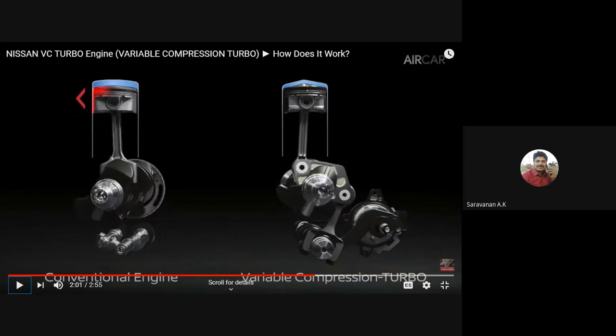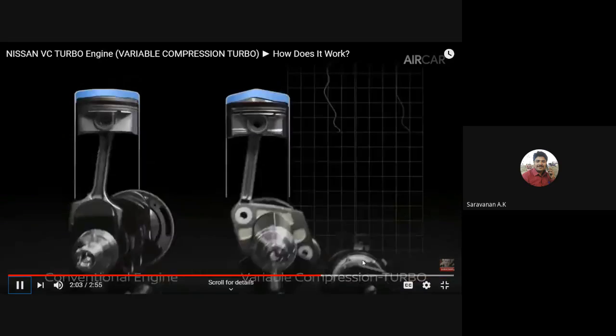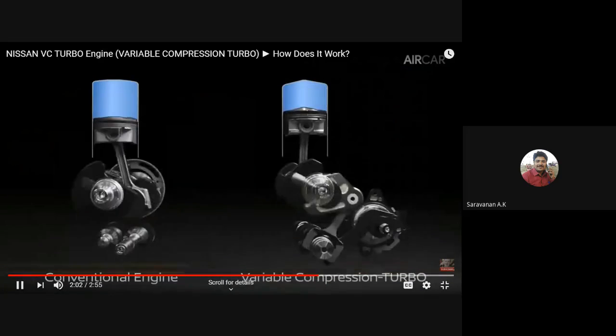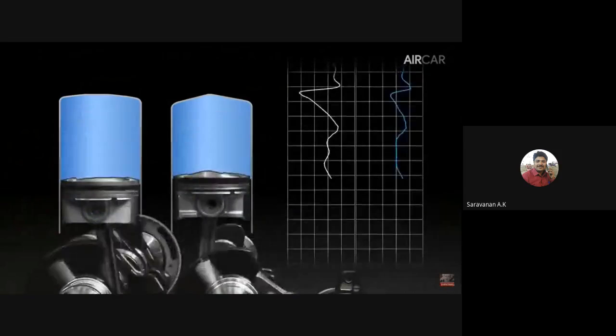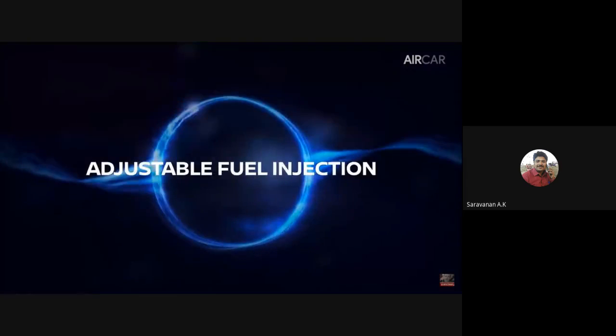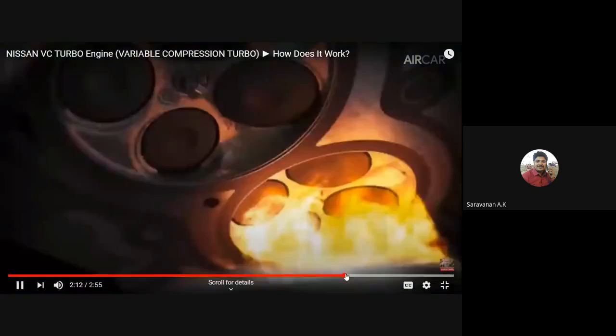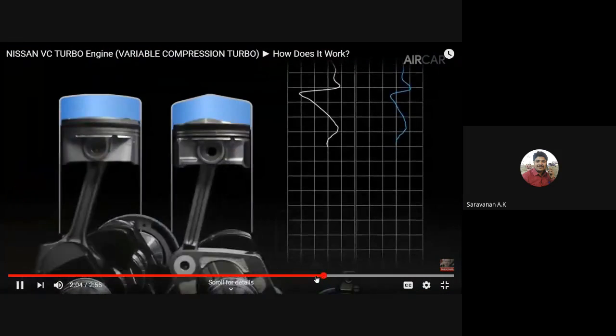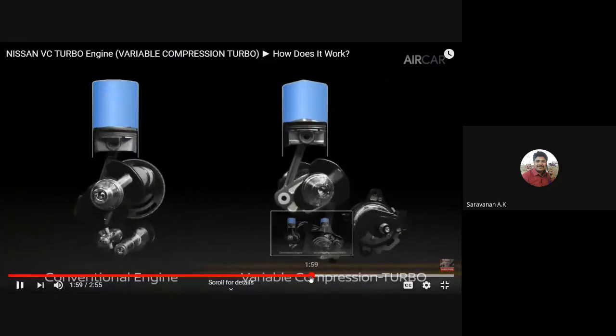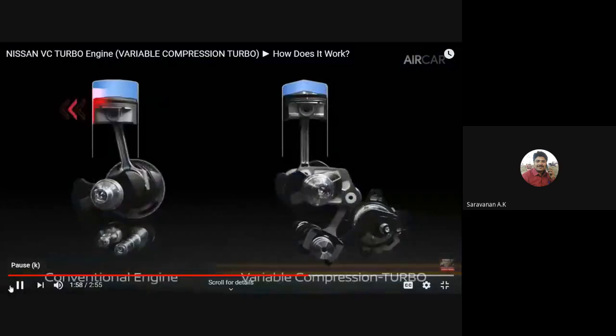So in this diagram you can see the red portion, the red part, right? That is where the forces act on the side walls. So here the sidewall force is not acting, right? So you can see that.